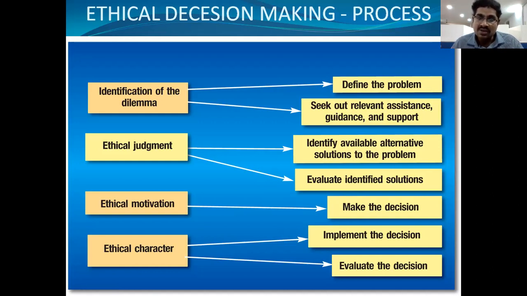After identification of the problem, we need to understand the risk level of the problem, and we also need to find out where the problem is coming from, the source of the problem.